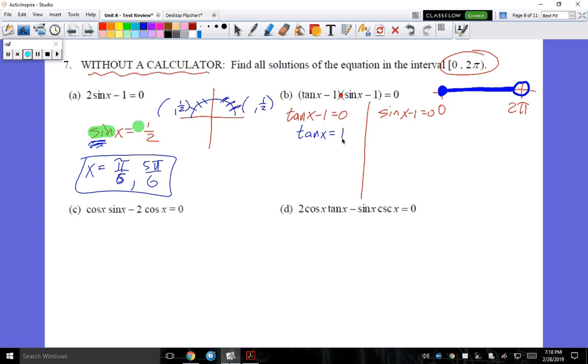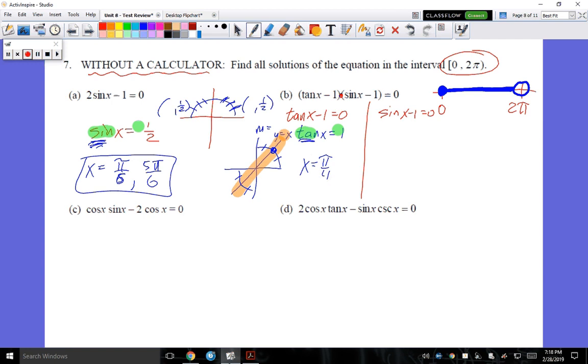And now I'm going to envision on the unit circle, when is the y over x a positive 1? Well, in class we did discuss that tangent can be viewed as slope, like m. So if I have 1, I'm thinking of y equals x because the slope of this line is a positive 1. So that's where they're going to occur as far as being positives, here at pi over 4.